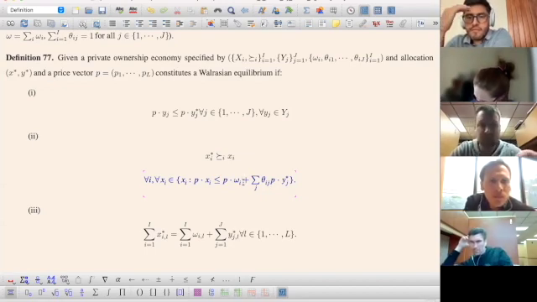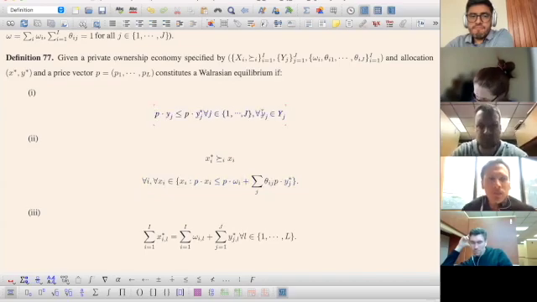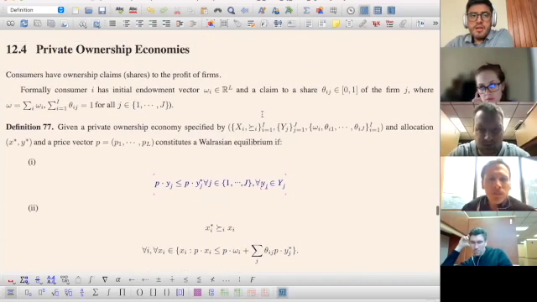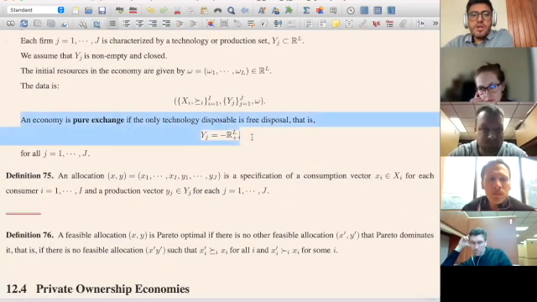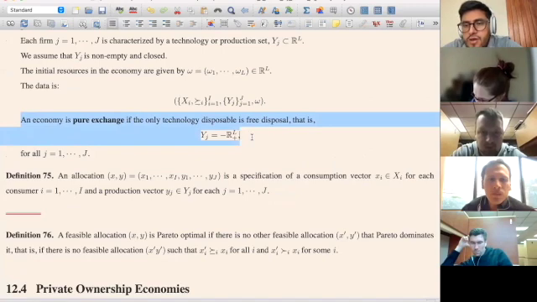Okay, great. Where I'm confused is further up, because I think we said Yj is in R^L minus all the time. If you scroll up just a little, maybe I missed something. No, this is a definition. We say an economy is pure exchange, so this is a special case, if the technology is equal to minus R^L.